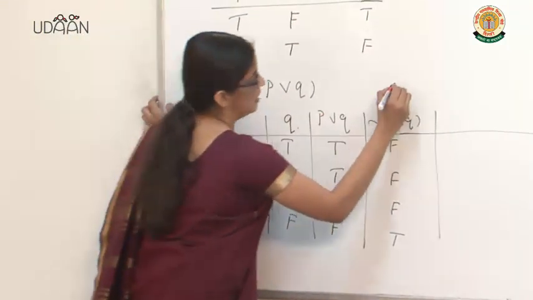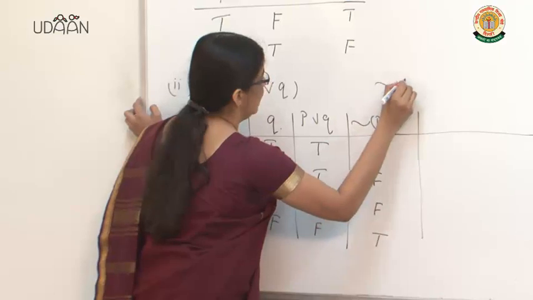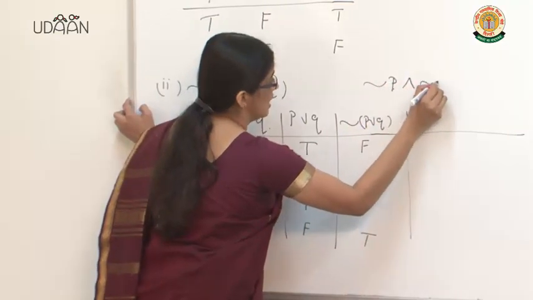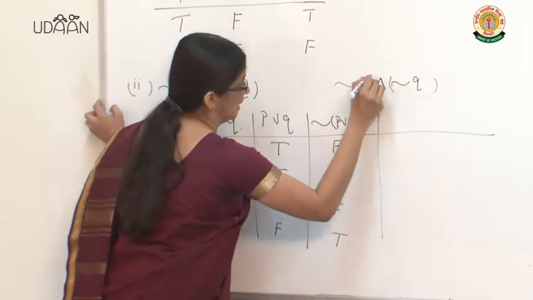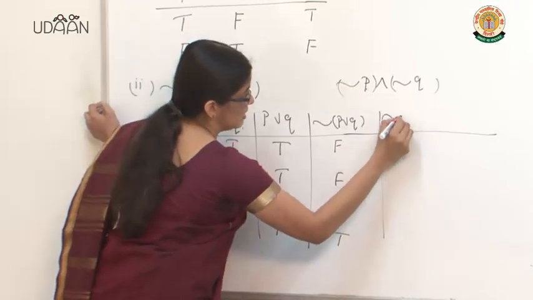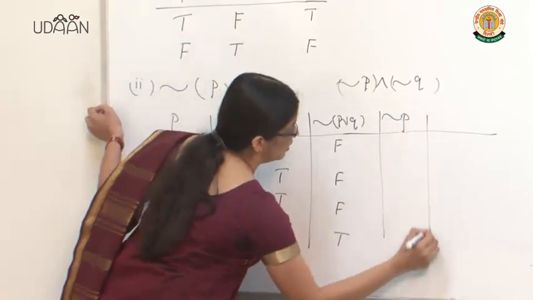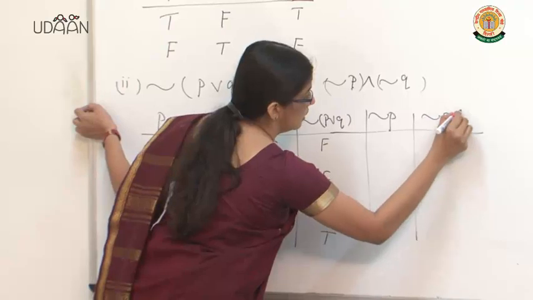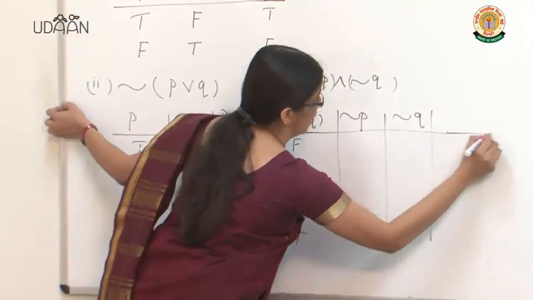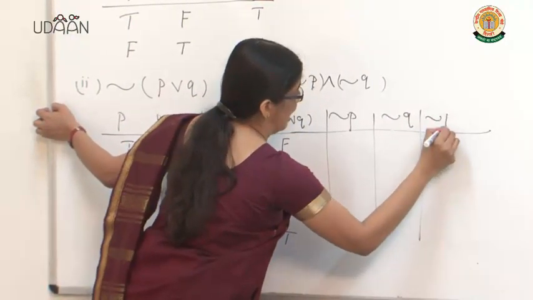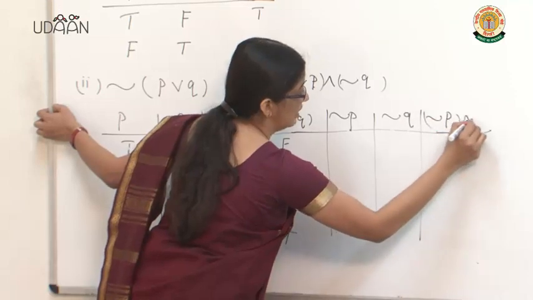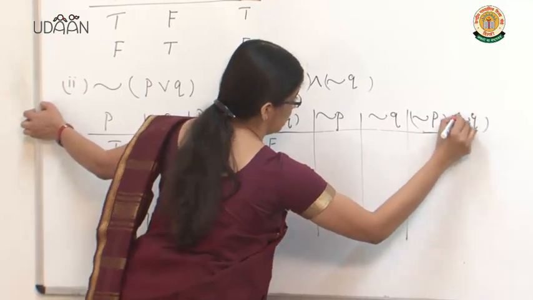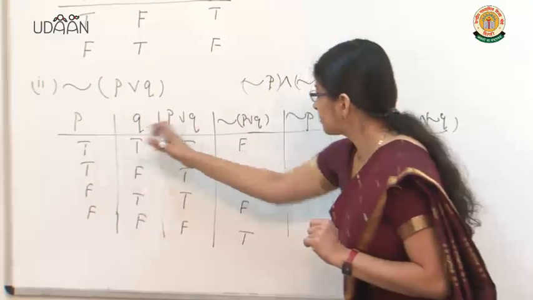Now let us make the truth table for negation of P and negation of Q. Put them in brackets. Let us calculate negation of P, then negation of Q, then connect them by the connective and. Do it together.